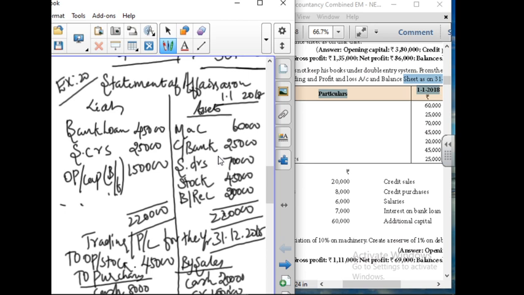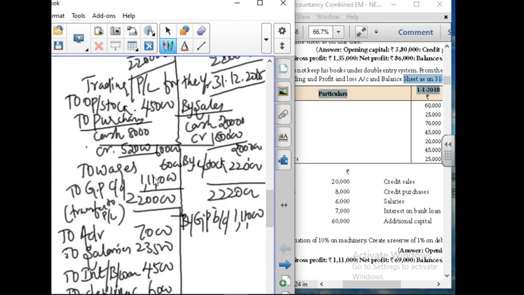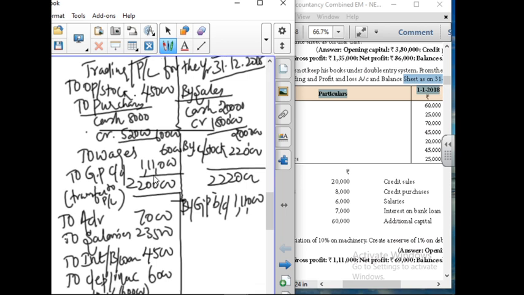Because opening capital information is not given, with the statement of affairs on 1/1, we have found out the opening capital as 1,50,000, and with this we are able to prepare the trading and profit and loss account for the year with opening stock, purchases, cash purchases, and credit purchases given, sales, cash sales, and credit sales is given, wages is given. With this we are able to find the gross profit 1,11,000.